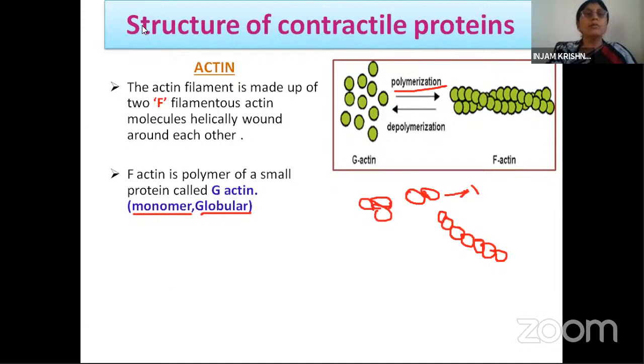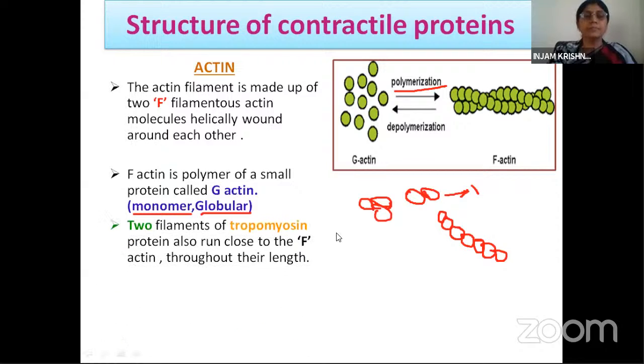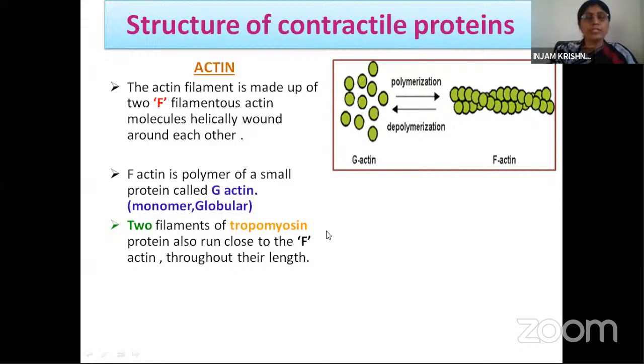Next, two filaments of tropomyosin protein also run close to the F-actin throughout their length.